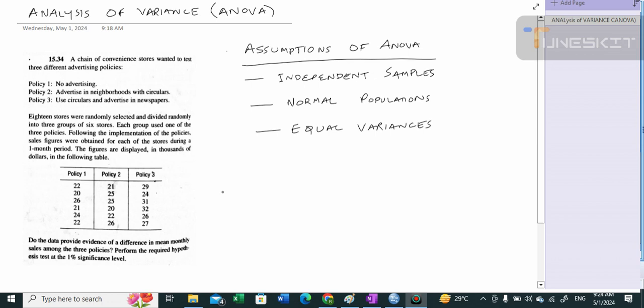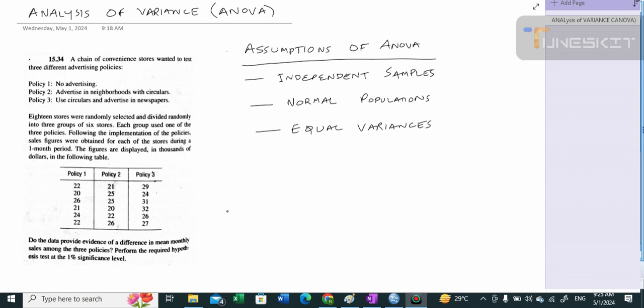Therefore the samples are independent samples because each set of 6 stores has followed a different policy, and they have not observed any sales on the basis of the other two policies. So this is how we identify independent samples, after reading the question carefully to see how the data are collected.